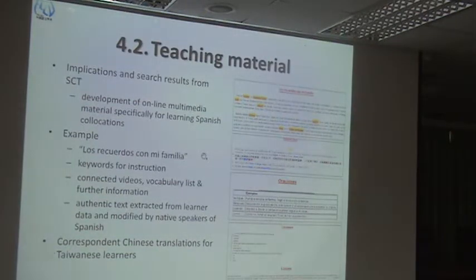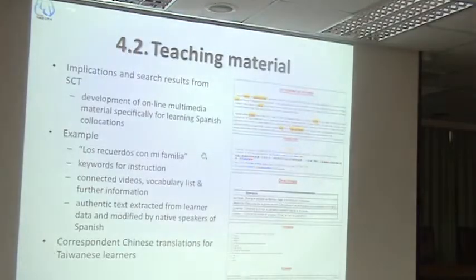The collocation is underlined with a hyperlink, and by clicking the hyperlink, we will show some video or related information about that collocation. Also, the collocated elements can appear in Chinese for Taiwanese learners of Spanish.